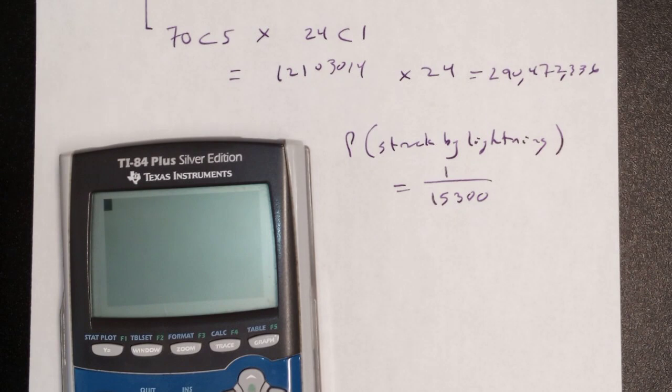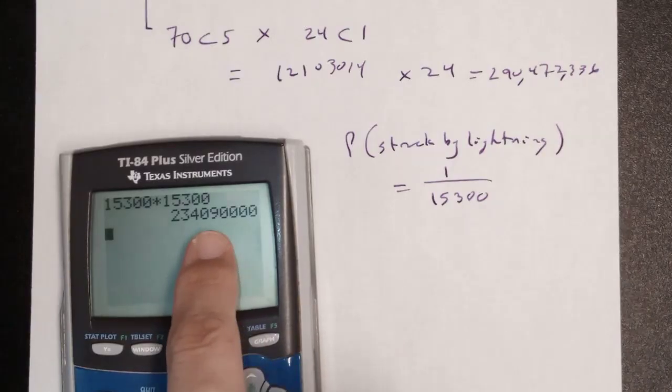What's the chance I get struck by lightning twice? Those are independent events, right? So we multiply this by itself. 15,300 times 15,300. It would be 1 over this number, right?